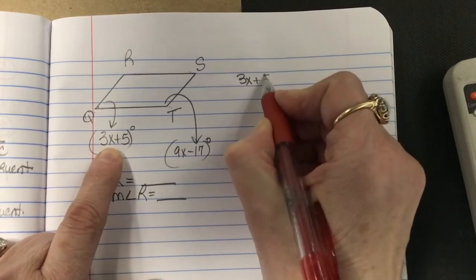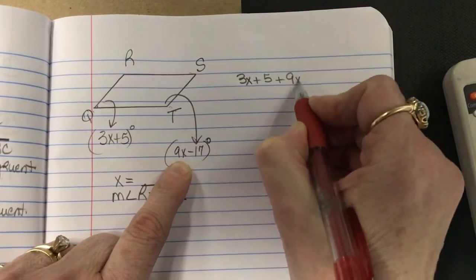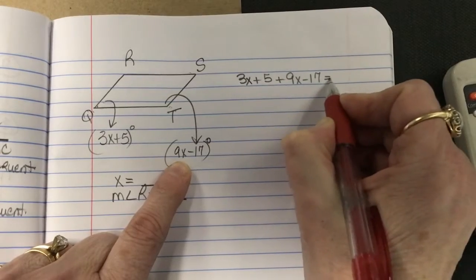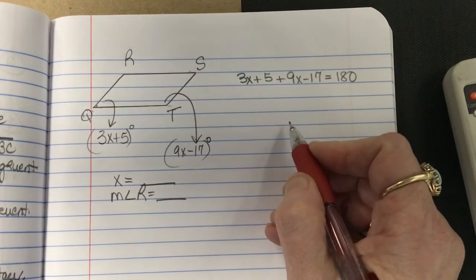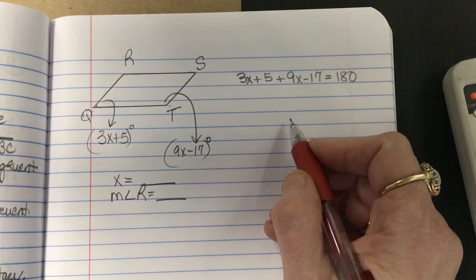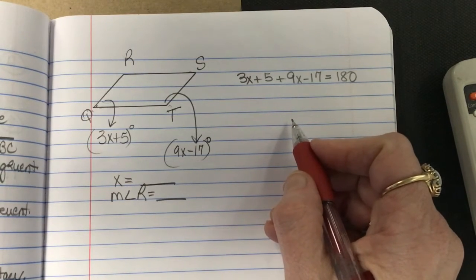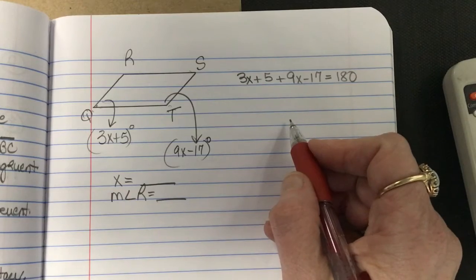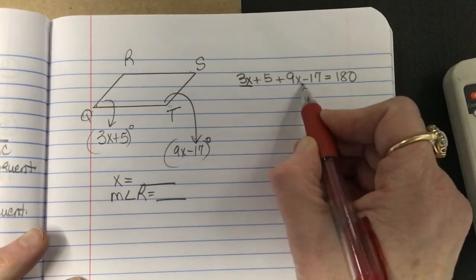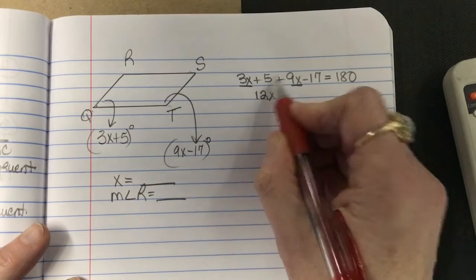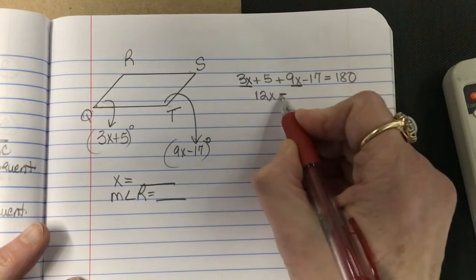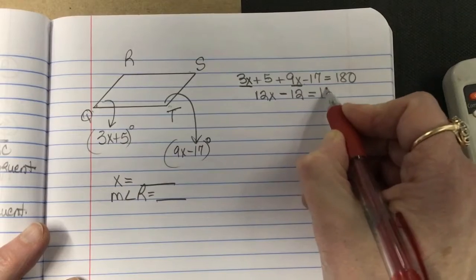So let's do the algebra. 3x plus 5 plus 9x minus 17 equals 180. Now, several of you get messed up because you start moving stuff. If you will clean it up first. Now, watch what I'm going to do. 3x plus 9x is 12x. 5 minus 17 is negative 12 equals 180.